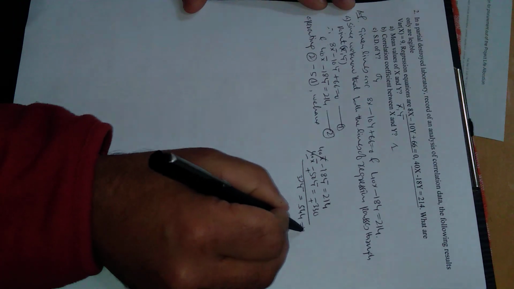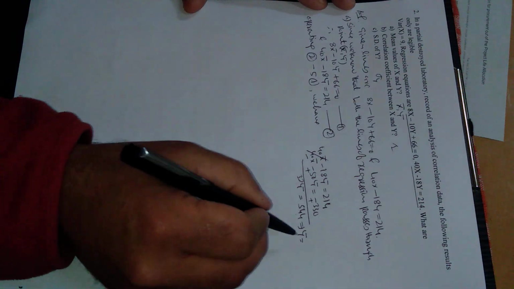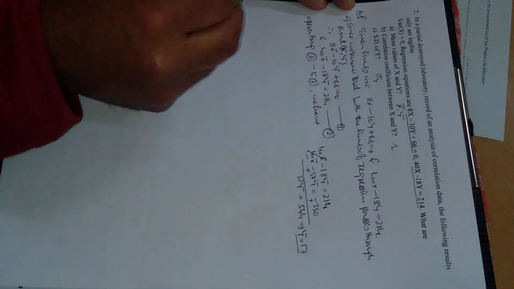So y bar from here will be 544 divided by 32, which comes out to be 17.